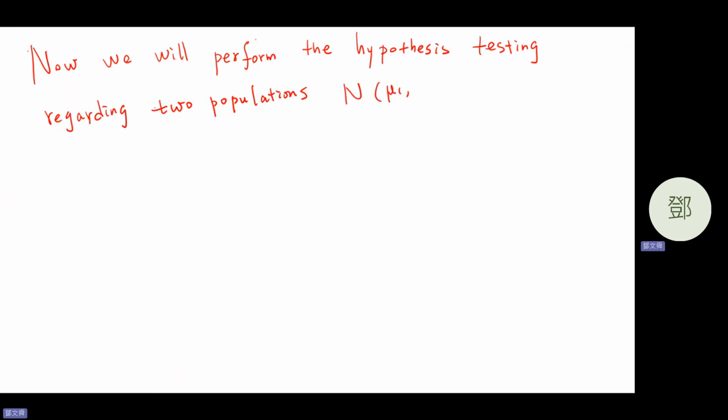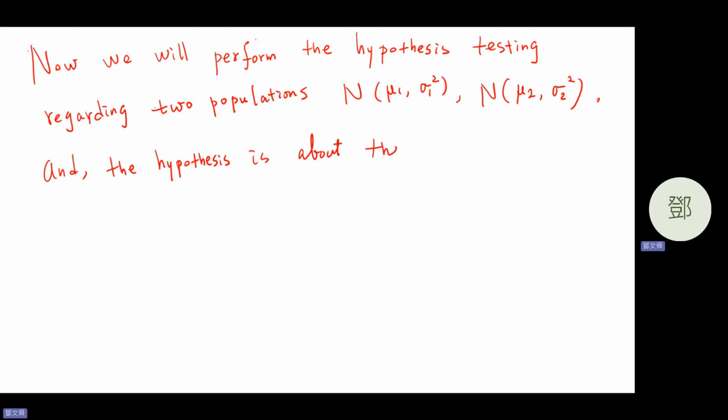The first population and the second population, and the hypothesis is about the comparison of mu1 and mu2.